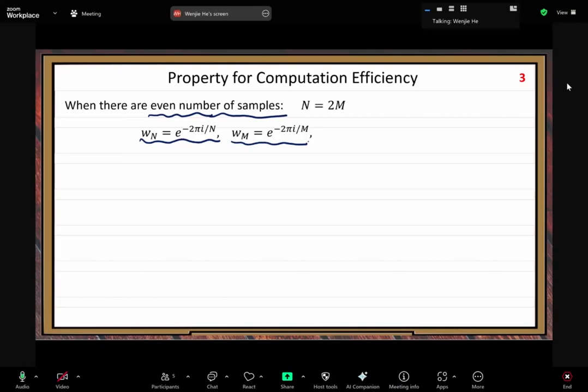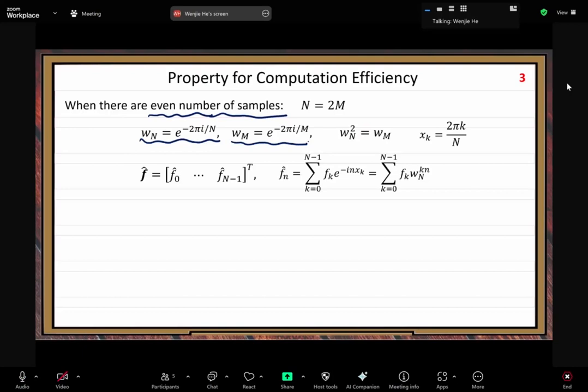So we define the Wm. Then you can see Wn squared equals Wm. That's the relationship. And xk. Then let's look at the discrete Fourier transform by the usual formula.